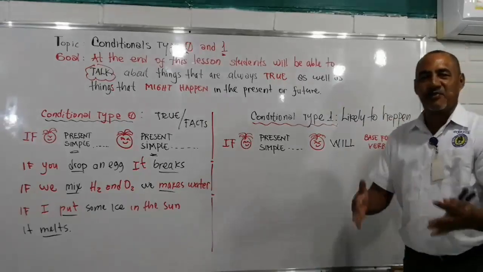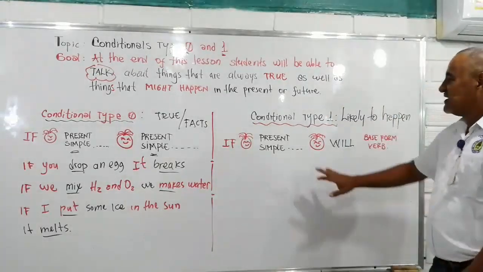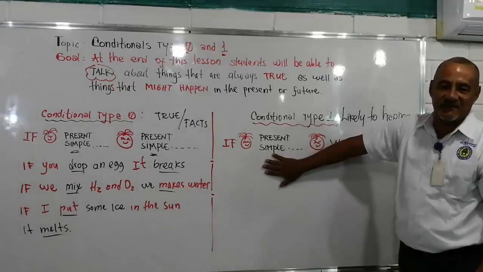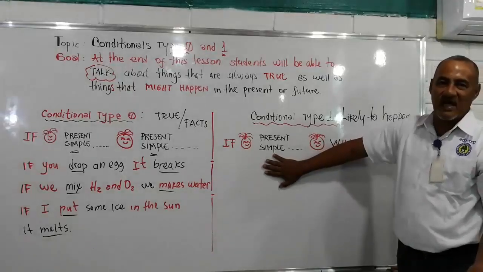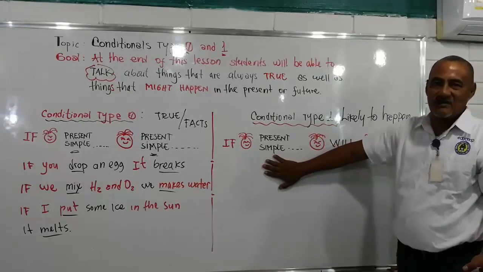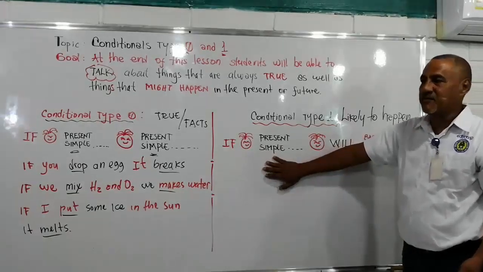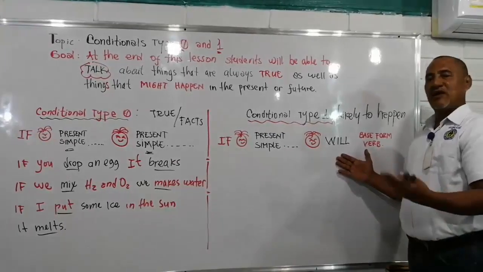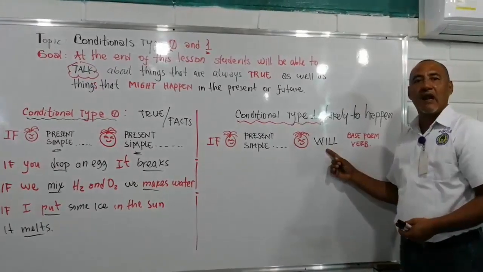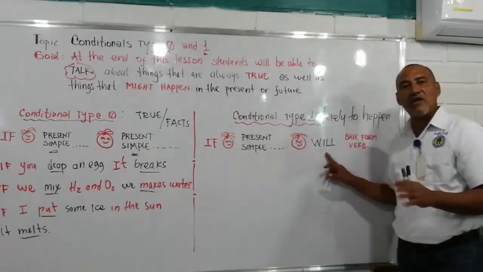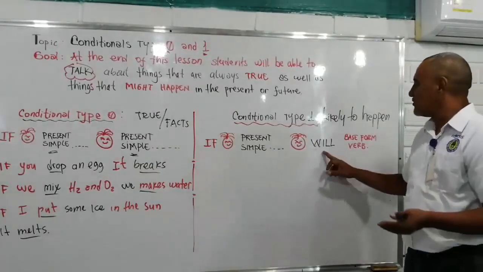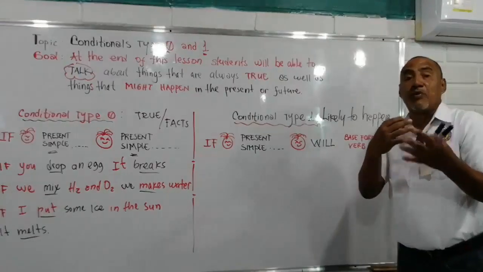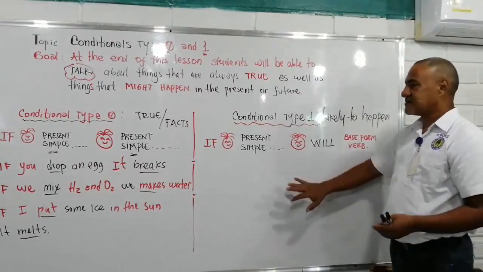Look at this structure: in the if clause we need the present simple, which is do, does, and also the verb to be in present simple. And in the result, what we expect to happen, will. Here will doesn't indicate future, este no indica futuro. It's something that probablemente pueda suceder.